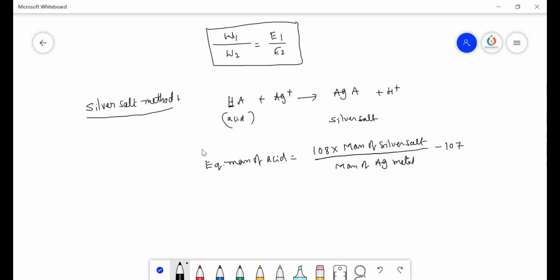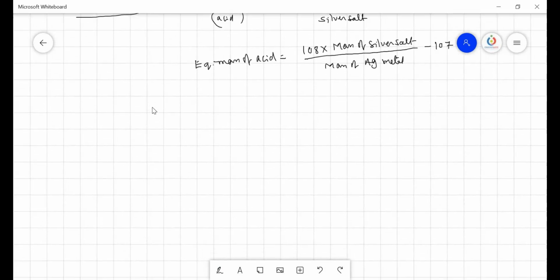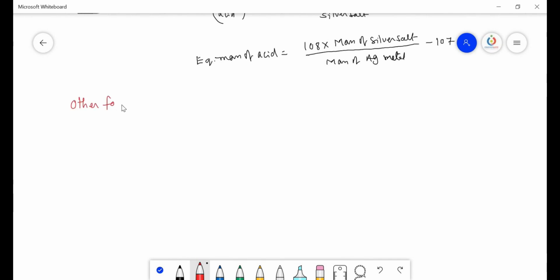So this formula is helpful in solving problems where silver and acids are reacting. Formulas are to be remembered in order to solve the problems. So let us see other formulas. What other formulas are there from electrochemistry which are helpful in solving problems?